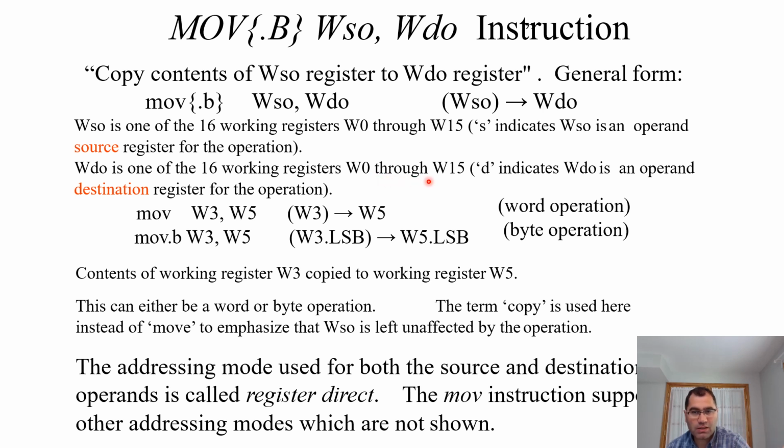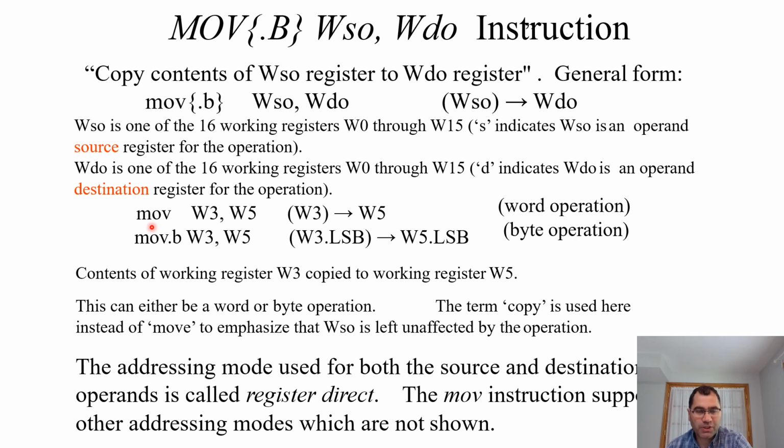D indicates Wdo is an operand destination register for the operation. This is the general form we write in assembly. So move W3 to W5 means move the content of W3 to W5.